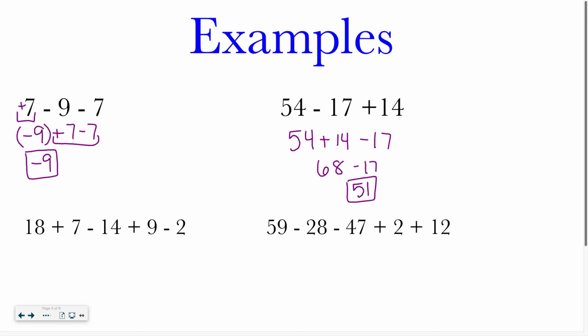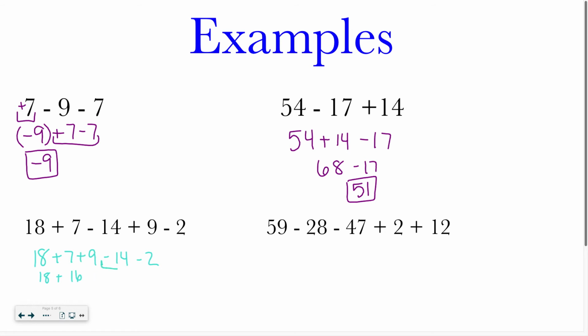All right, again, I'm going to rewrite this next one so all of my positive numbers are together. And I don't have any of the same numbers that will turn to a 0, so I'm just going to leave that be. So I have 18 plus 16 minus 14 minus 2.